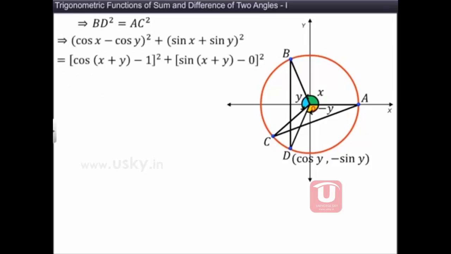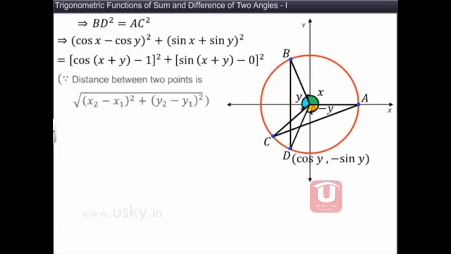By distance formula, (cos x minus cos y) whole square plus (sin x plus sin y) whole square is equal to (cos of x plus y minus 1) whole square plus sin of x plus y whole square.